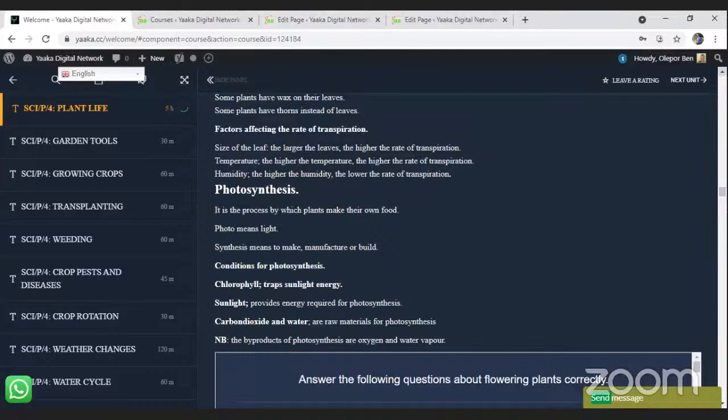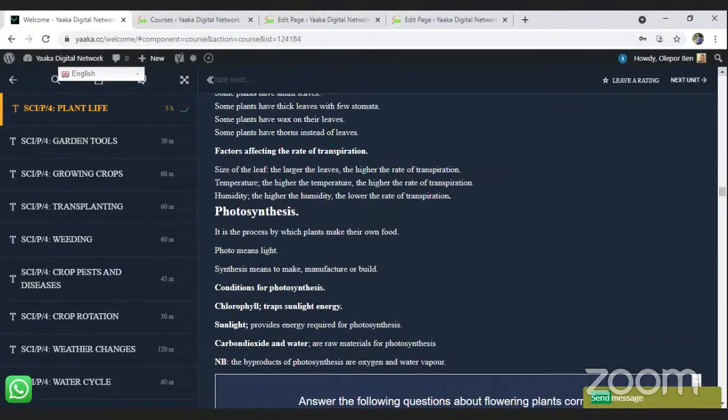There are many, these ones are just only 3. There are many. Size of the leaf, temperature, humidity, number of stomata, number of leaves in the plant, surface area of the leaf. All those ones are factors that affect the rate of transpiration.